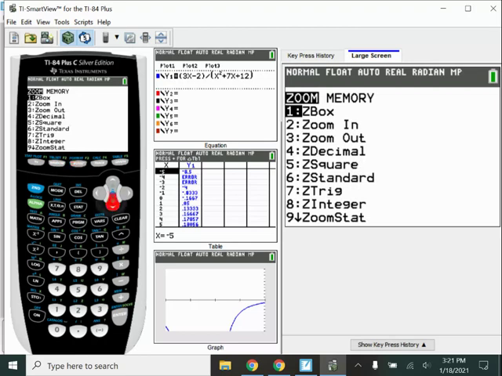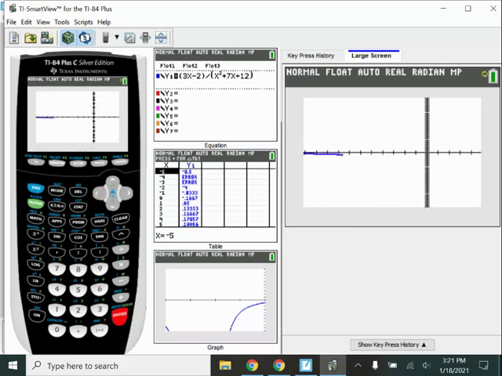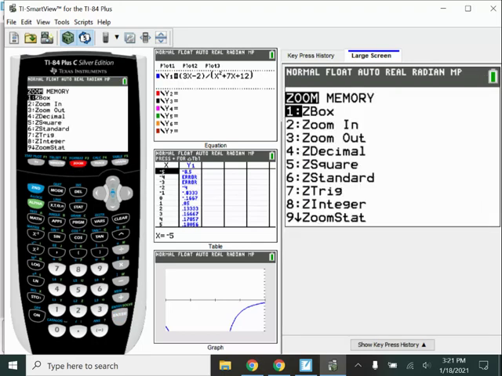Let's just zoom out and see if we can get a better picture of what's going on. So there's me zooming out. There's my asymptote. Still don't have a picture of what's going on in the middle. Let's zoom out again.